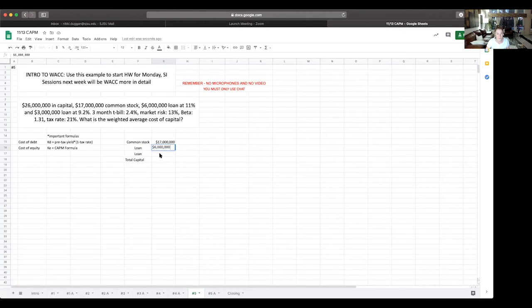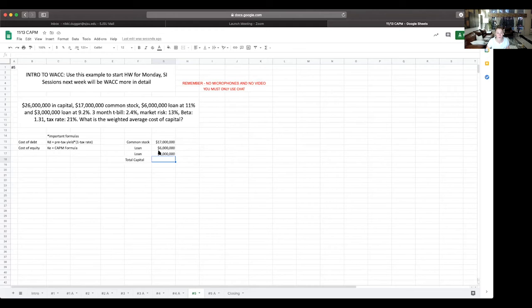And then our second loan is 3 million. So something that I like to do, if you have many weighted average problems, is make a structure where you can just change the numbers and the calculations will automatically follow.